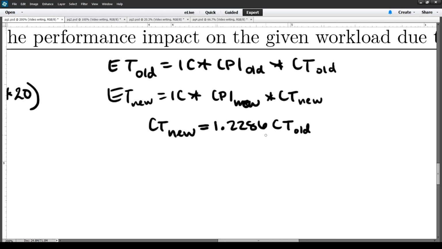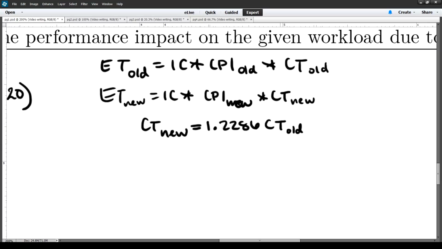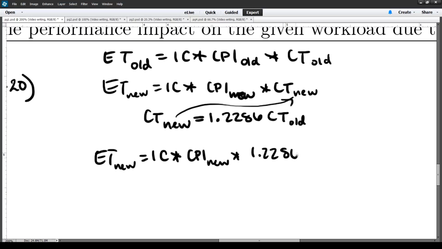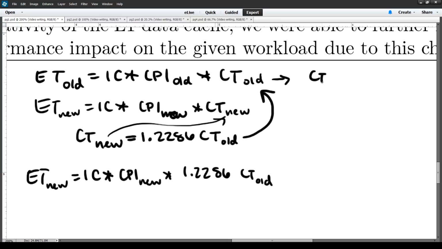So again, we have two unknowns, execution time old and execution time new, and we have three equations. First we're going to substitute in what we know for cycle time new right here. So execution time new equals instruction count times CPI new times 1.2286 cycle time old. And here I'm going to be using what we know from this equation: cycle time old equals execution time old all over instruction count times CPI old.